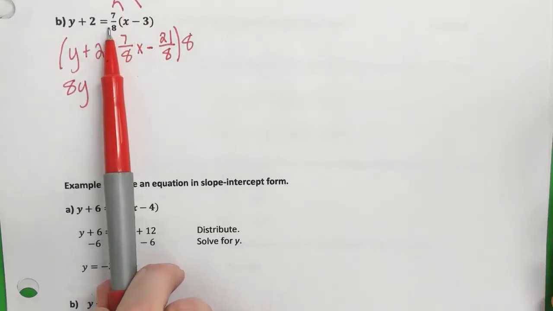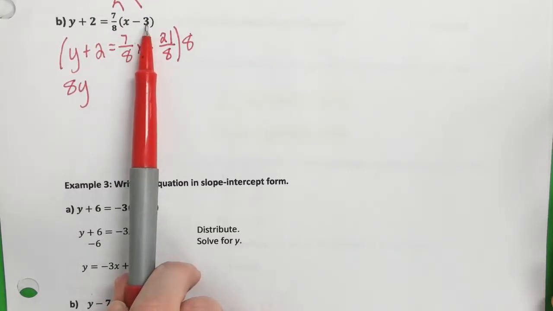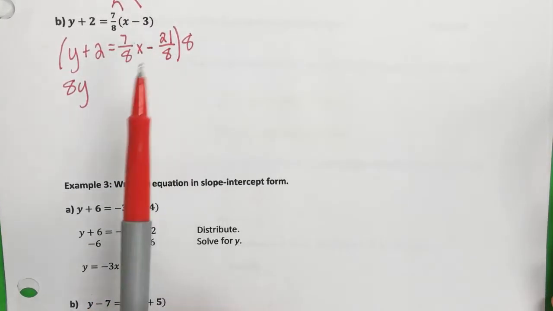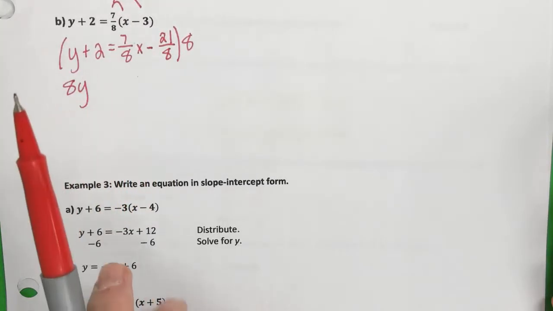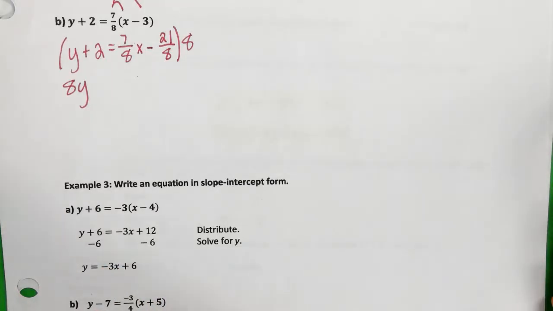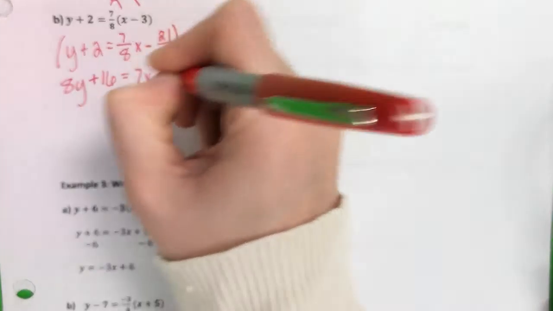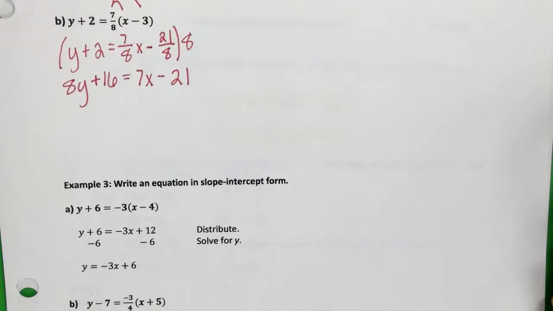Pretend this is 7/8 times 3/1. 7 times 3 is 21. 8 times 1 is 8. I think you should be able to finish it from there.